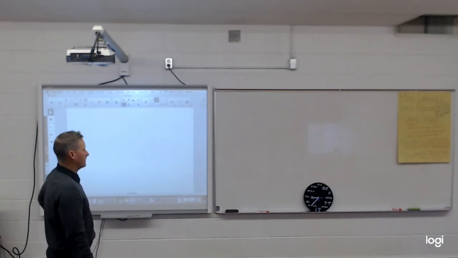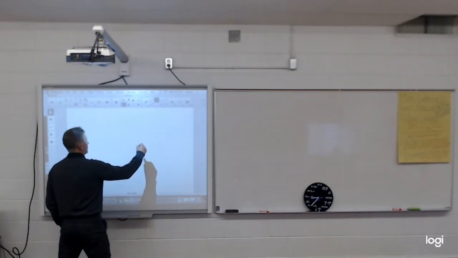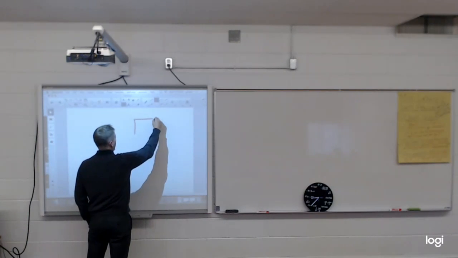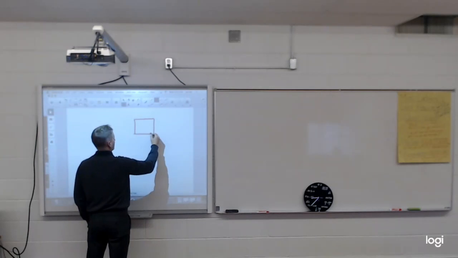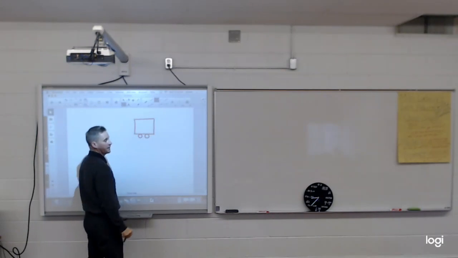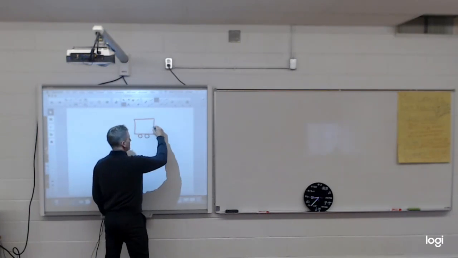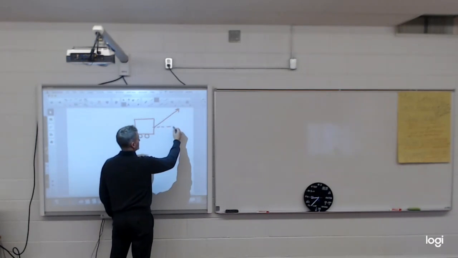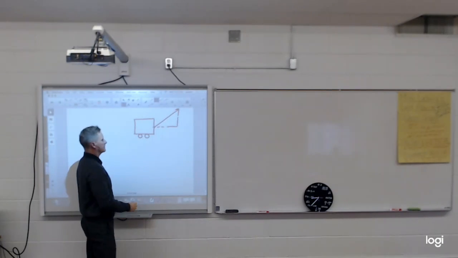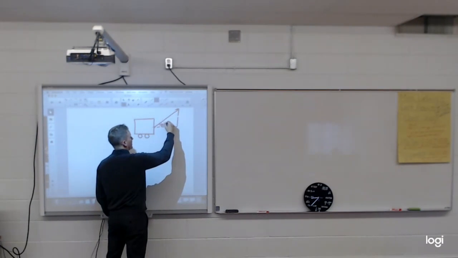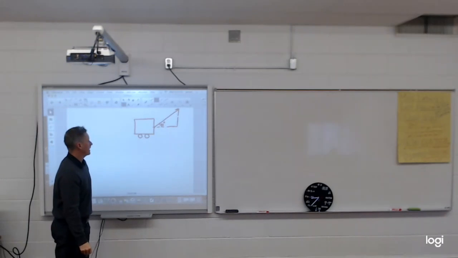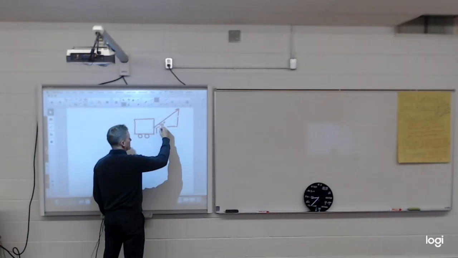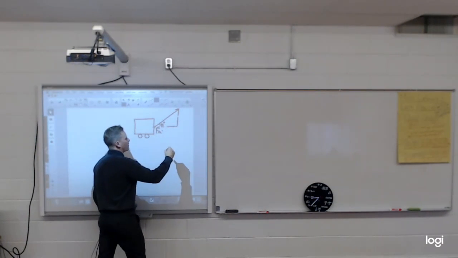We did this with a train, right? There's a railway car pulling off to the side like this. Our applied force is right here. Remember this? Now it's 40 degrees with a tractor pulling it. So here's what we have to do differently than that question.